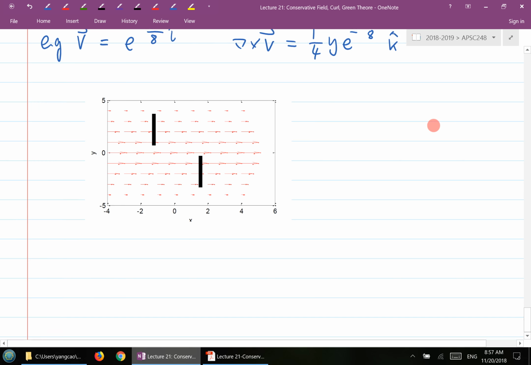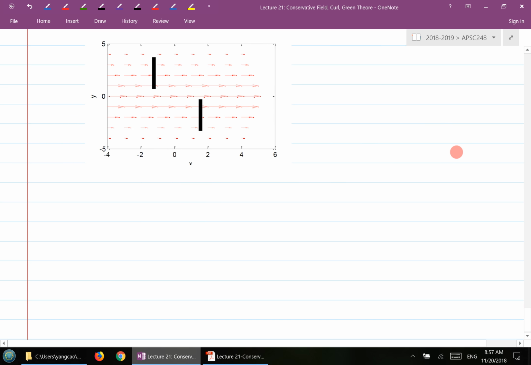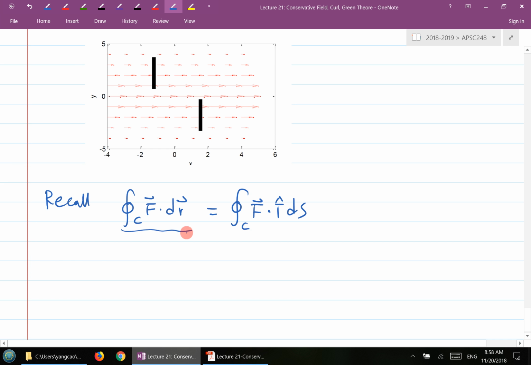As you recall, I'll go a little bit slow here. We have learned the vector line integral. The writing is like that. We typically use the first formula because that's almost the final result of the formula.